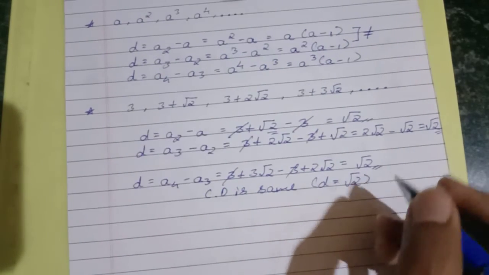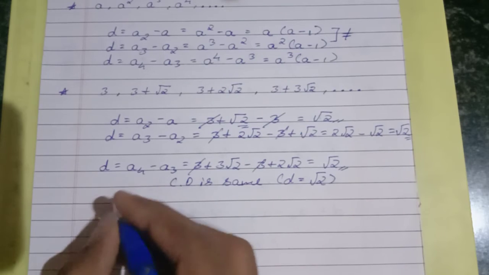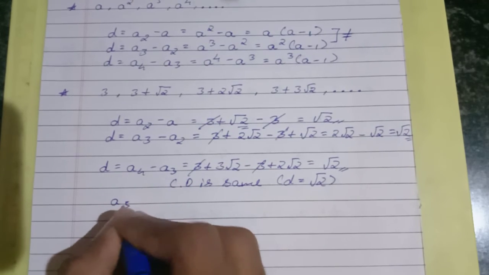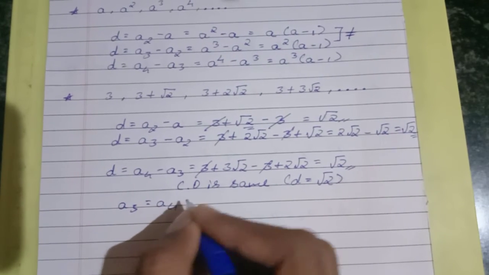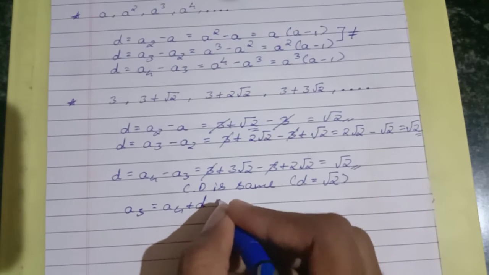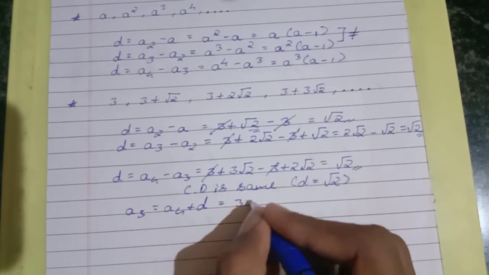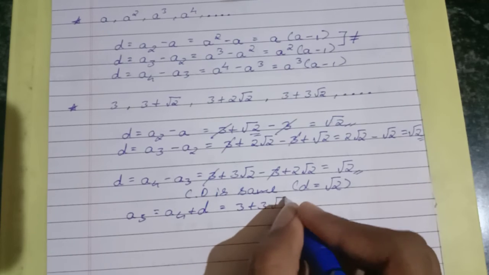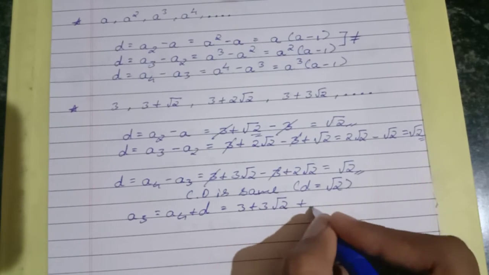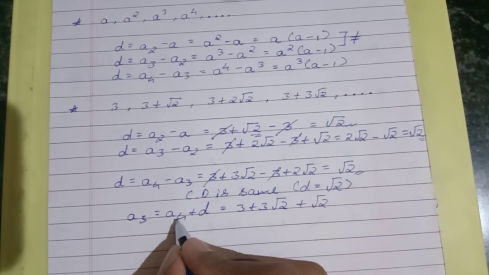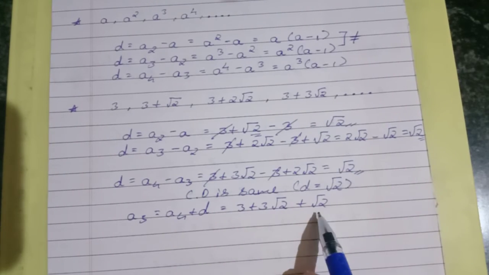Now let us find the next three terms. A5 is equal to A4 plus D, which is 3 plus 3 root 2 plus root 2.